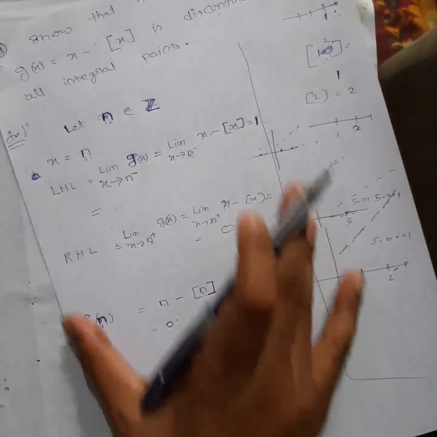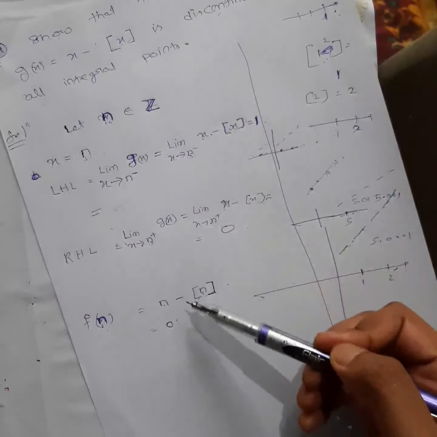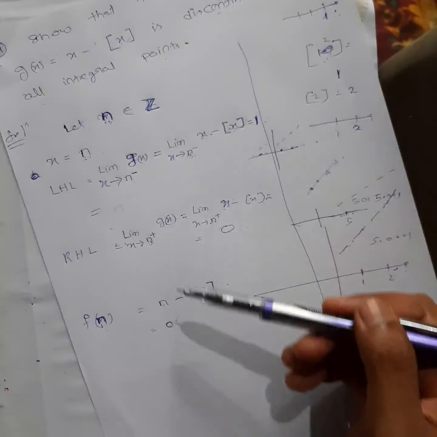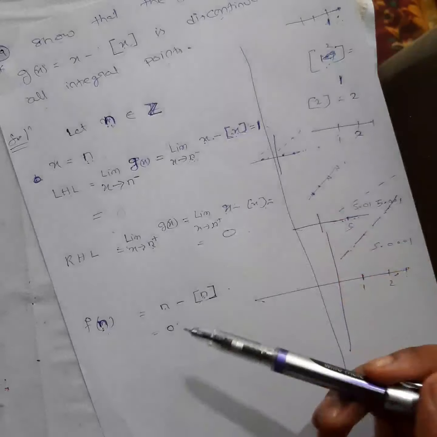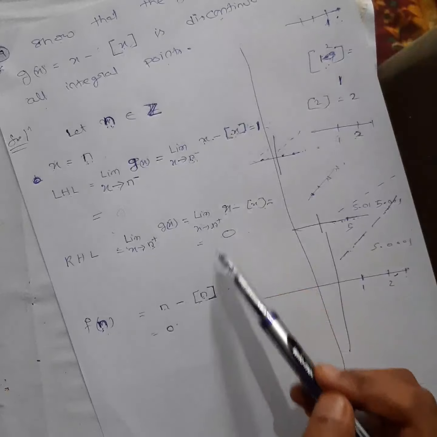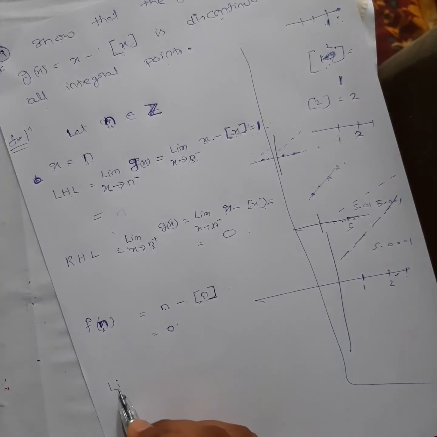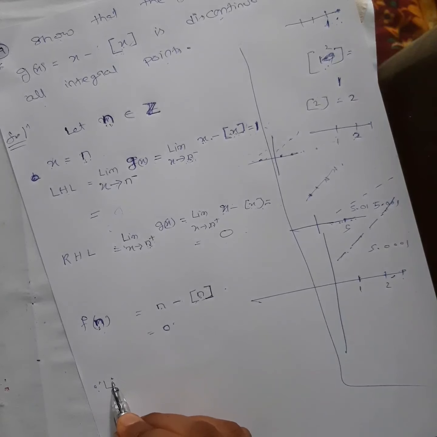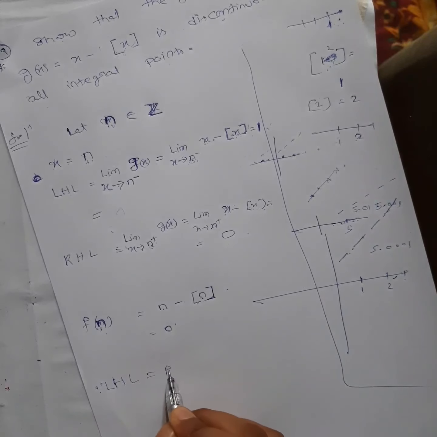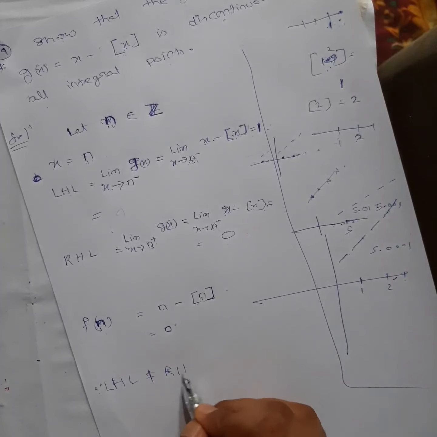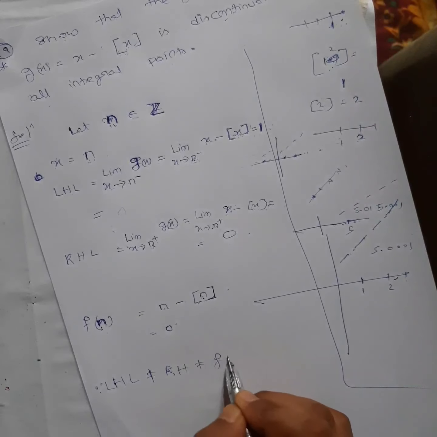So in this part you can see only 3 lines I have written, but the concept is very high here. Logic you need to use very high here. You cannot simply memorize these things. So what we will write, conclusion: since left hand limit is not equal to right hand limit, which is not equal to g of n.